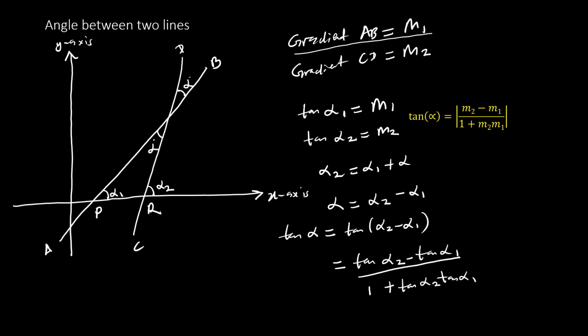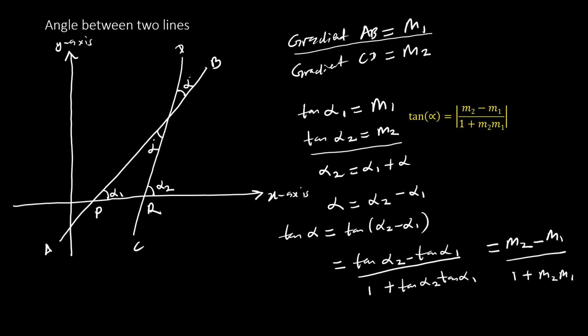This is derived from trigonometric ratios. You can check out our catalog on trigonometric ratios and how we can derive this and how we can prove it. So we are going to have tan alpha 2, which is M2, minus tan alpha 1, which is M1, divided by 1 plus M2 M1, and that is the formula for finding the angle between these two lines.